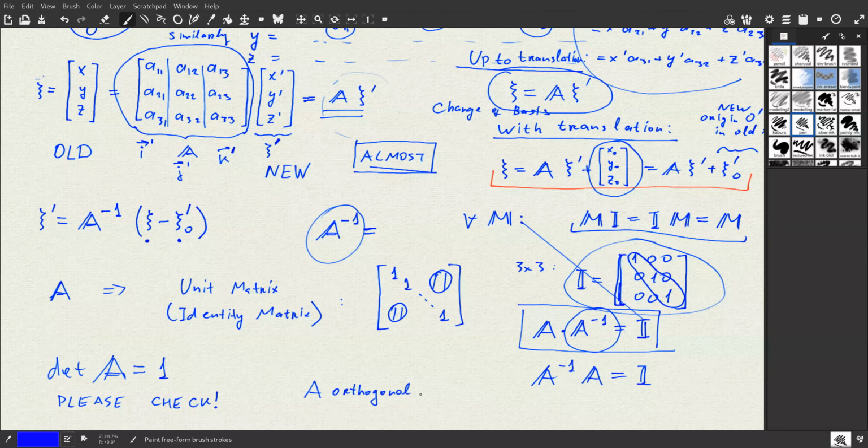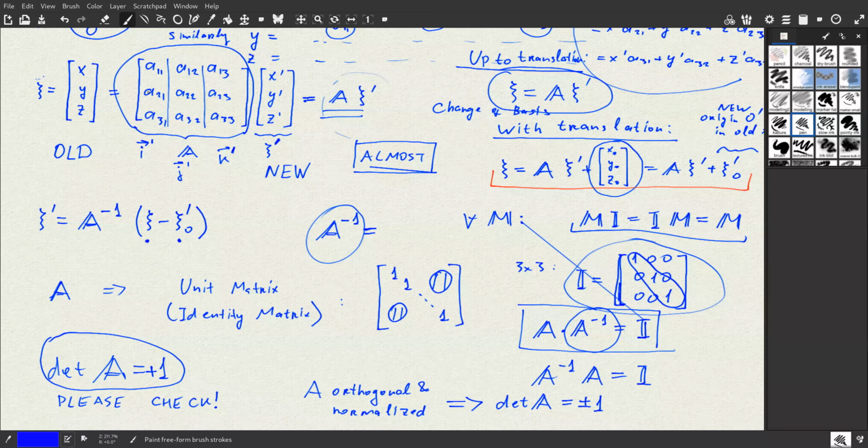-1. So actually, it is possible to prove that if our matrix A is orthogonal and normalized, then the determinant of A equals ±1. In this case, we can really say that the determinant of A is +1. You can really check this.